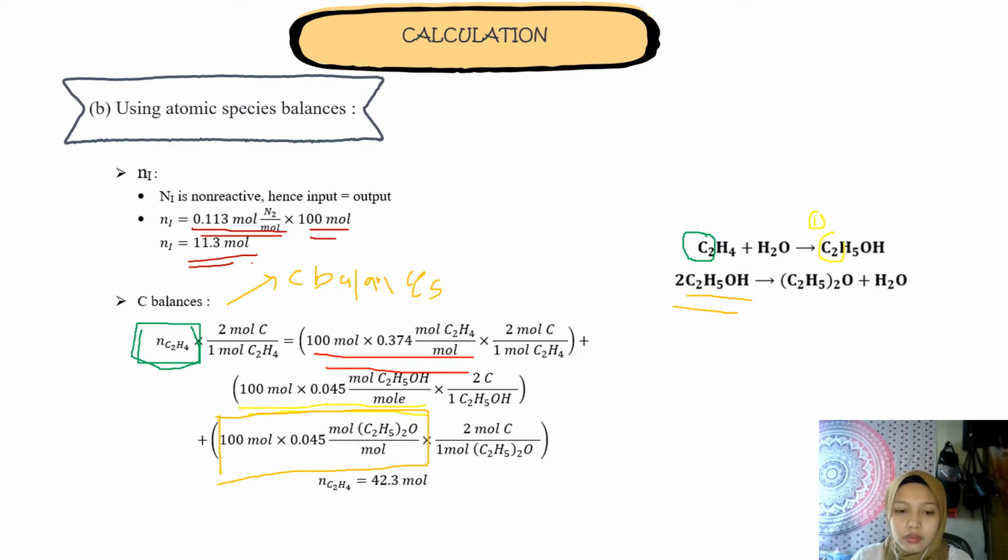The number of moles of ethylene at the input side we get is 42.3 moles.